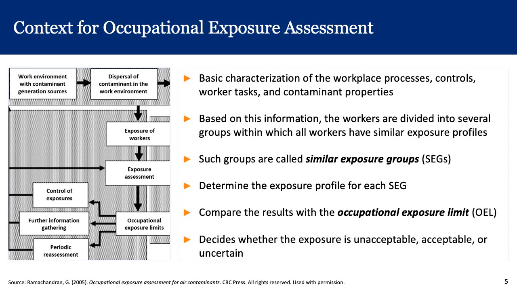And what this means is, let's say you have a very complex workplace, and one group of workers are all doing the same thing. They are all, let's say, welding a particular type of metal with a particular type of welding gun with a particular type of solder material. And so their exposures are going to be very similar, not identical, and we'll come to why it's not identical in a bit.